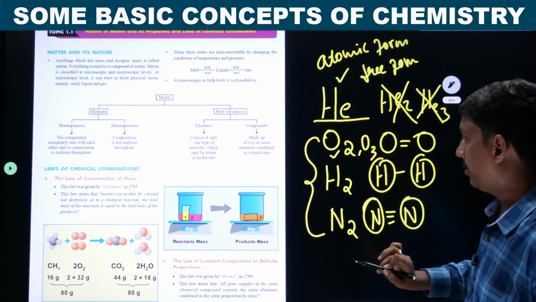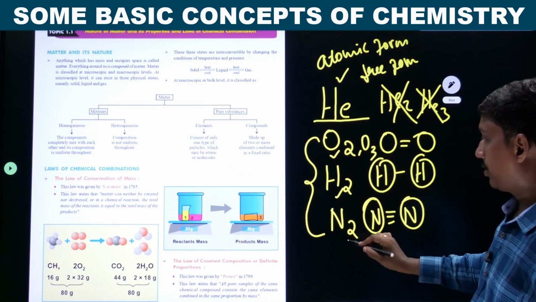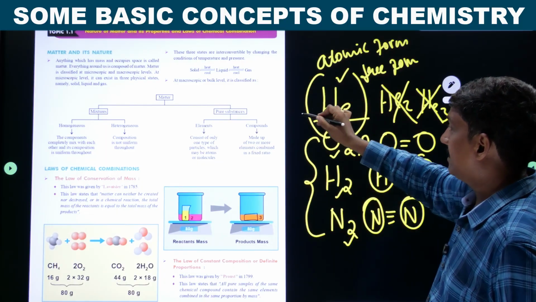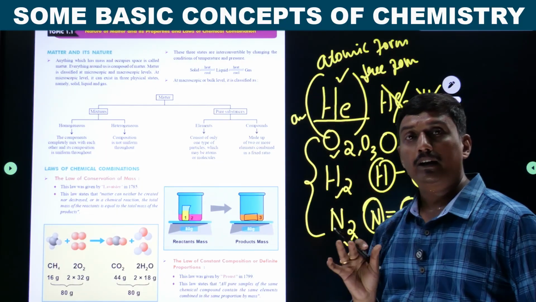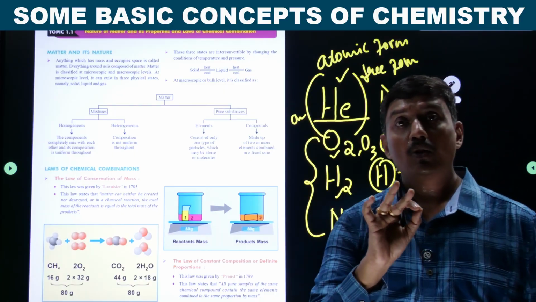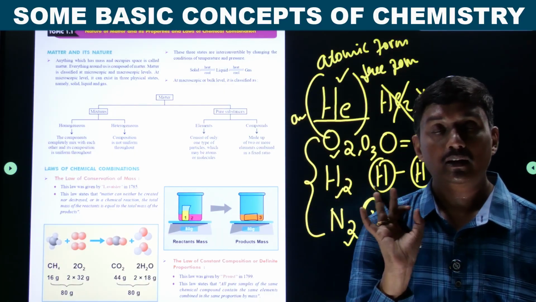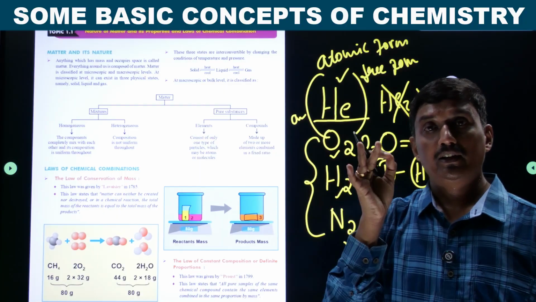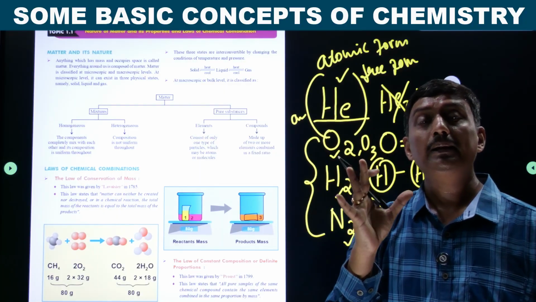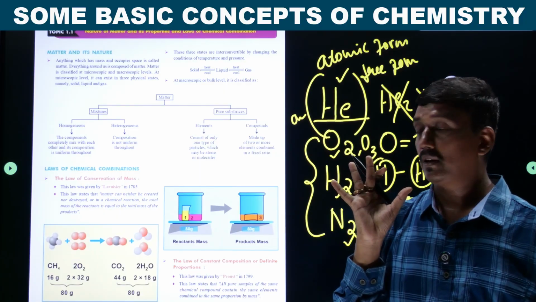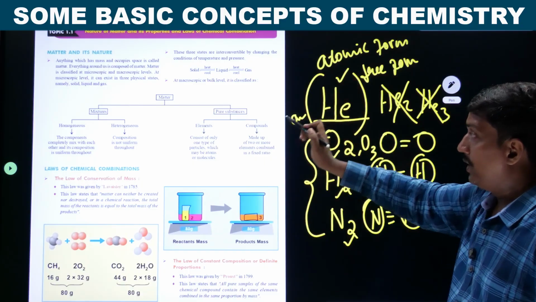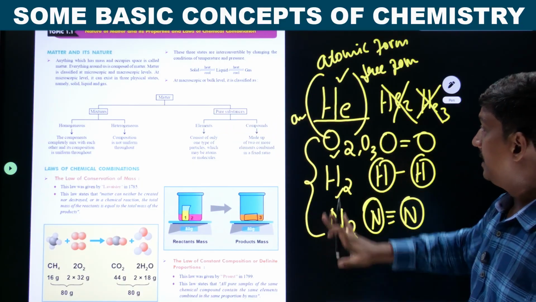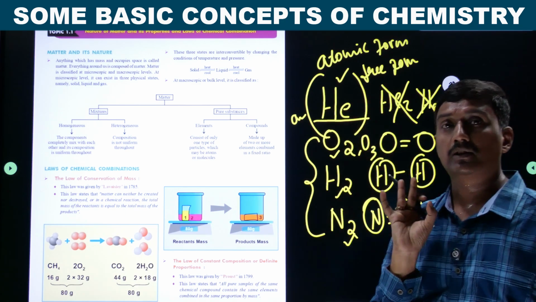So O2 is a molecule, H2 is a molecule, N2 is a molecule, He is atomic state. Atomic state means it has not combined with other helium atoms. It exists in the free state. It is also said to be elemental state. This is how the elements are defined and their existence can be explained.